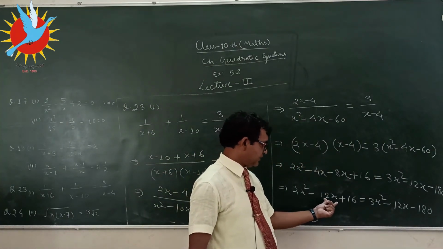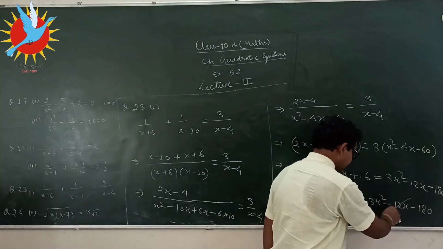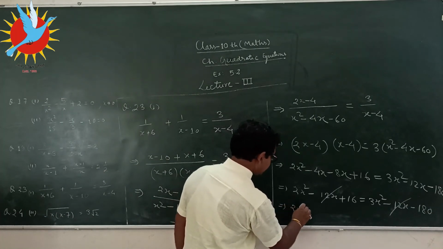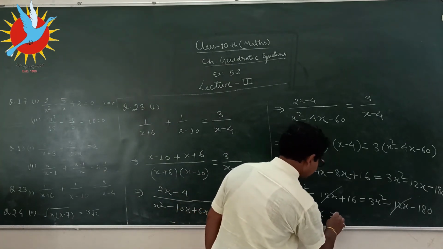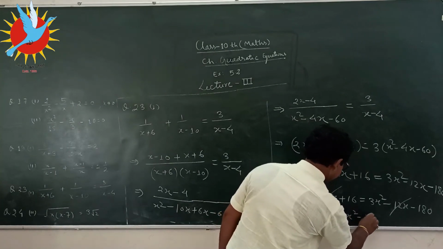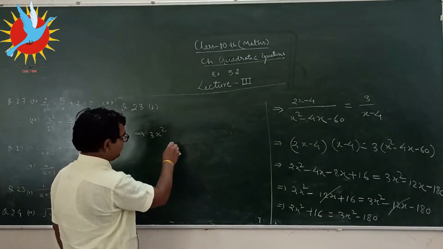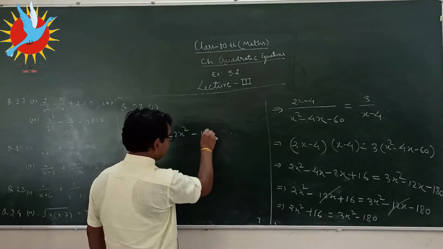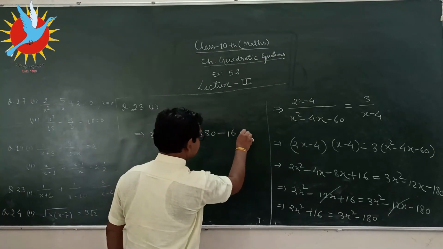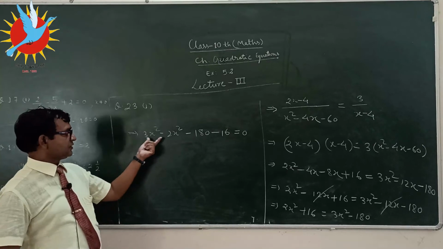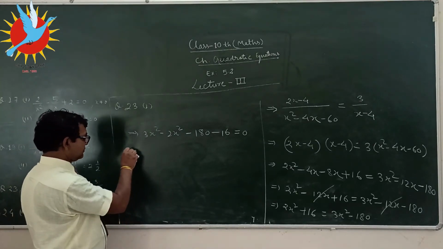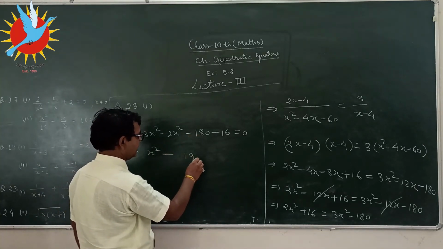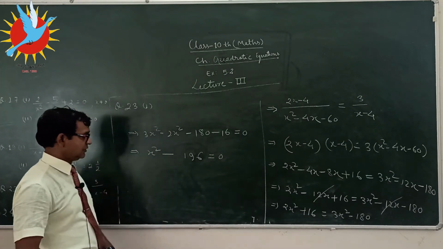Now both sides have minus 12x and minus 12x, both have the same sign, so they will be cancelled out, and we are left with 2x square plus 16 equal to 3x square minus 180. Now 3x square minus 2x square minus 180 minus 16 equal to 0. 2x square subtracted from this will give x square minus 196 equal to 0.